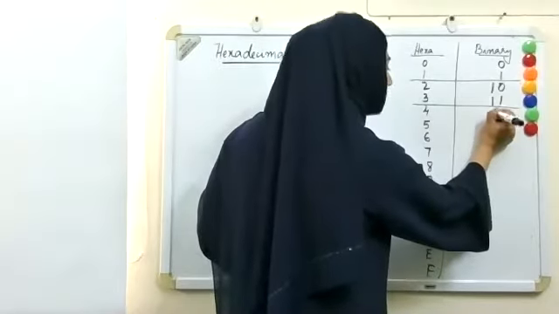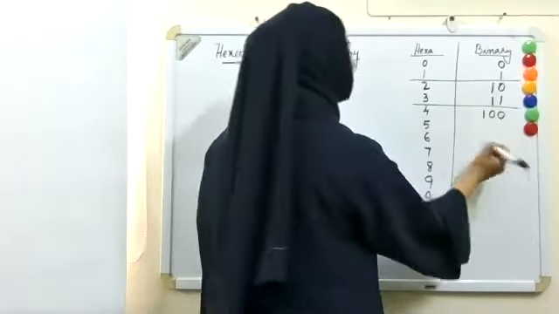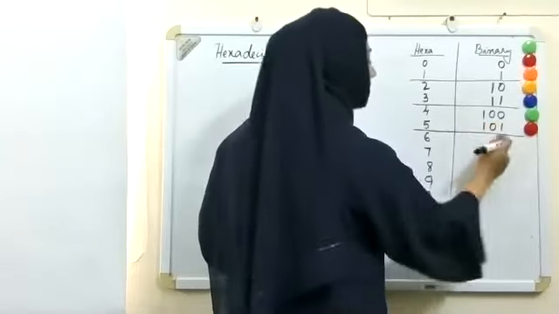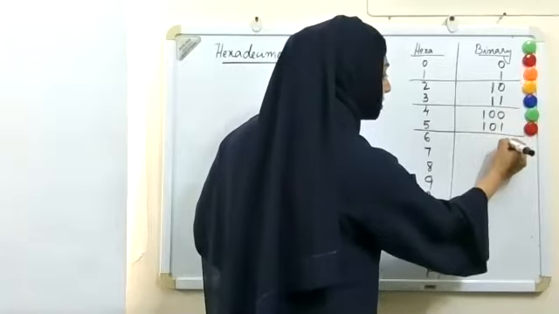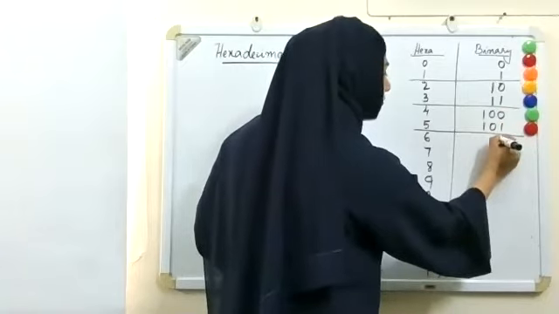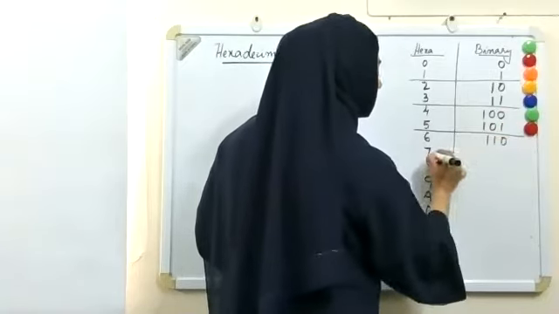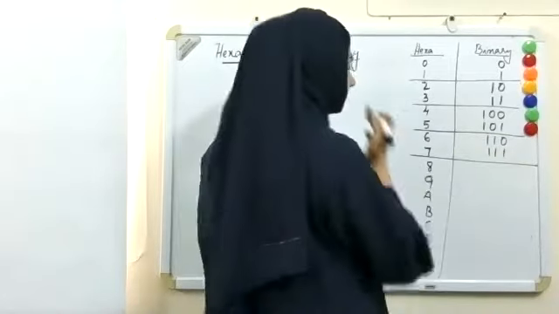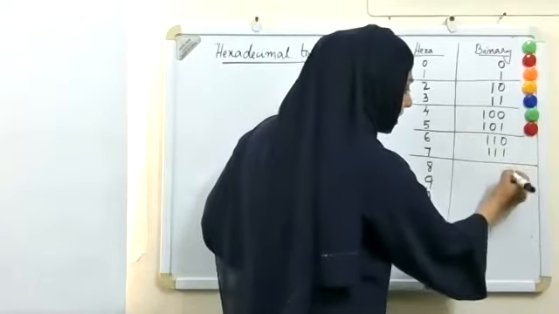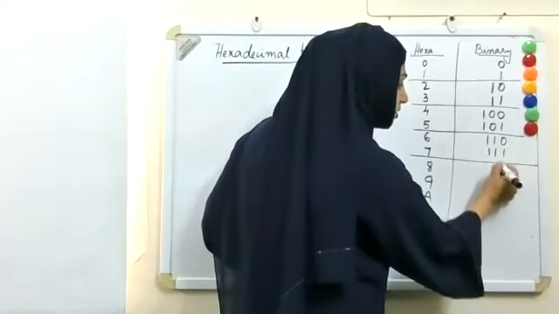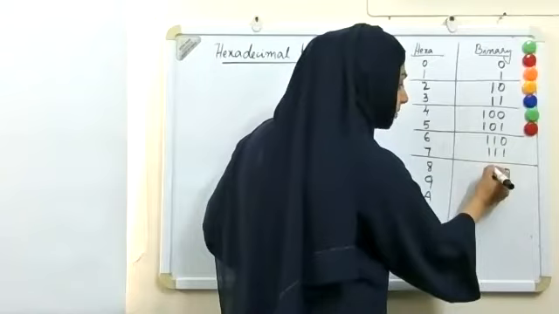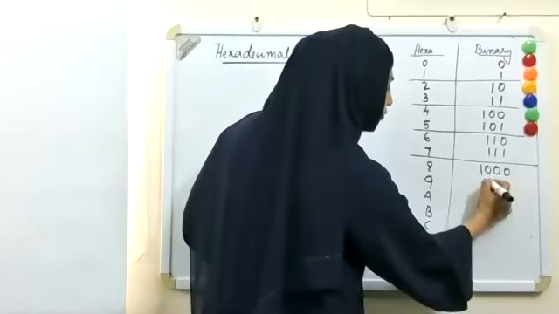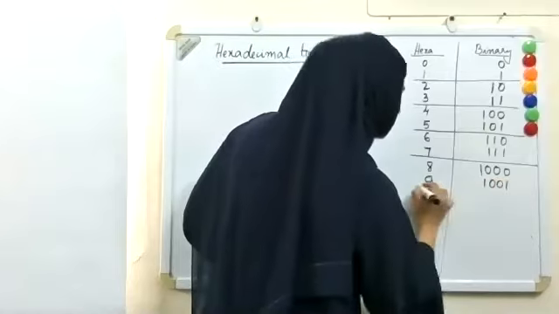Then 1 plus 1 is 0 and 1 comes here. Then if I add 1, it will be this one. Now again when I add 1, 1 plus 1 is 0, that 1 comes here, then 1. Then again when I add 1, this is the number. Now again when I add 1, 1 plus 1 is 0, 1 plus 1 is 0, 1 plus 1 is 0, 1 comes here. Now again when I add 1, 1, 0, 0, 1.